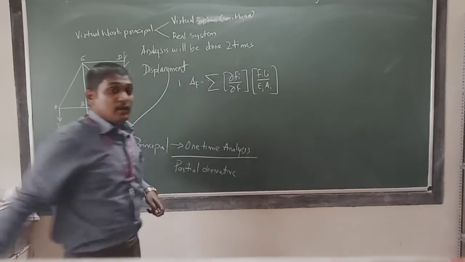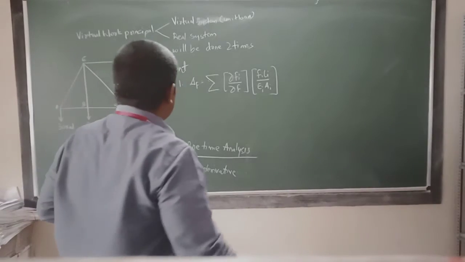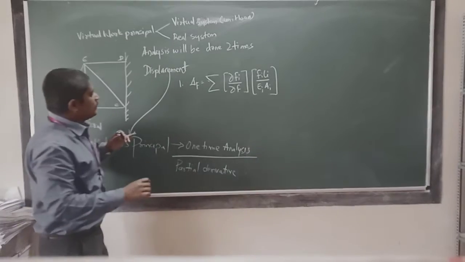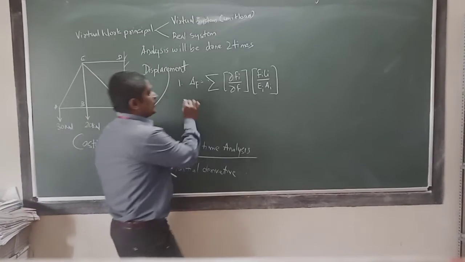This is the equation we have developed to calculate the deflection or displacement of a joint in the truss by using the Castigliano's principle. So we have to keep this in mind.